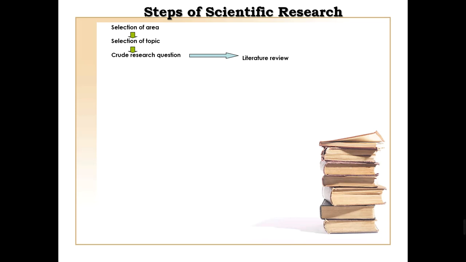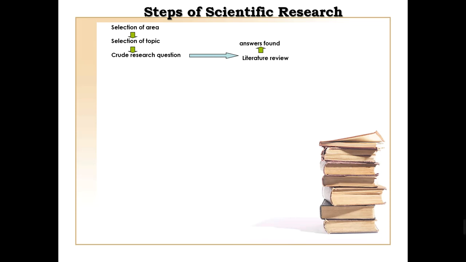So we have a lot of databases, and from them we can raise a question and we will get the answer also. This literature review will give the answer. If the answer is found, that means someone in the world has already completed the research. So there is no need to carry this crude research question forward. We have to leave that question and find some other alternative question.